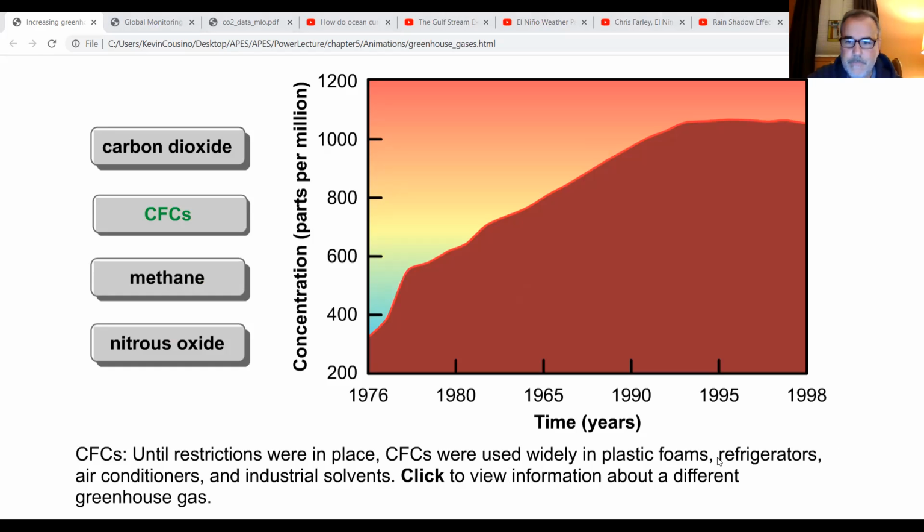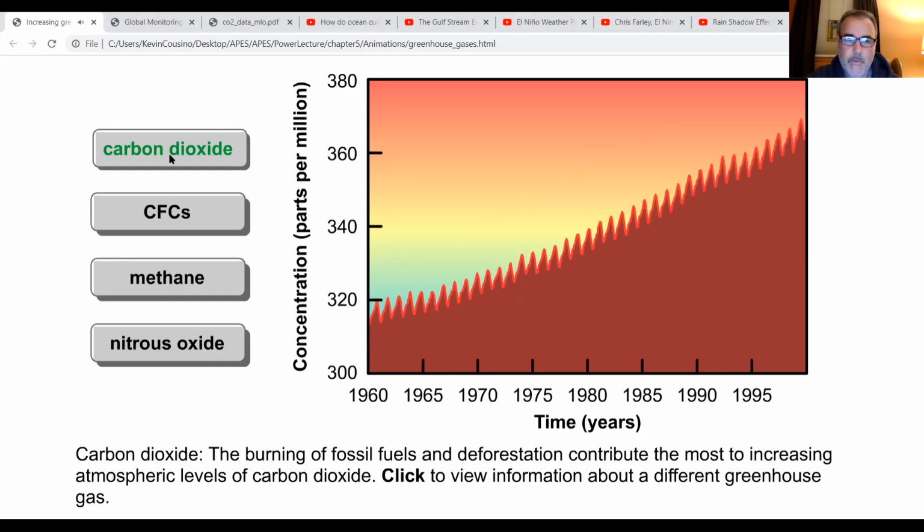And then, of course, this last one that you've probably heard lots about is carbon dioxide. Again, there are natural sources of carbon dioxide, decomposition, forest fires, that sort of thing. But human activity has really put this out of balance with the natural carbon dioxide cycle, especially the burning of fossil fuels and deforestation.